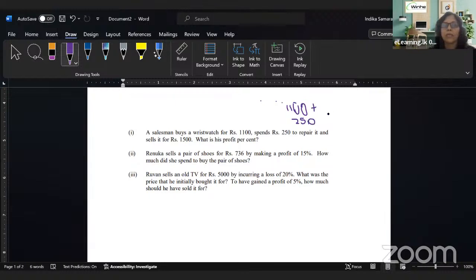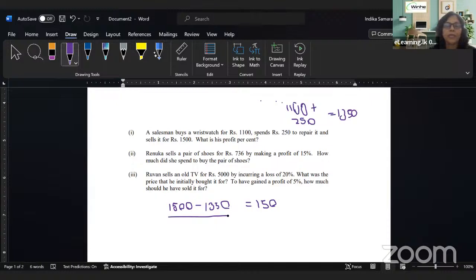Then it will become 1,350. Current price එක 1,350, sale price එක 1,500. Right? So then what is the profit? Profit is 1,500 minus 1,350. Then profit is 150.